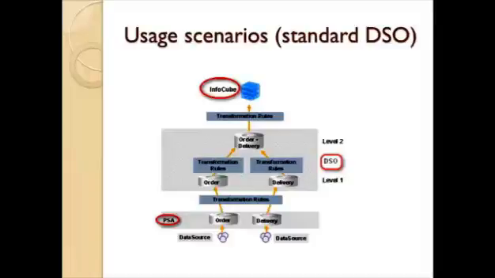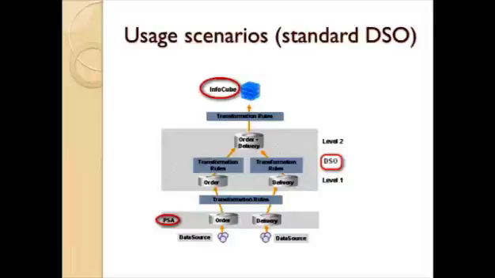For instance, we have two data sources, one for order data and one for delivery data. So we have two PSAs in the staging area. From there, data is further uploaded to two DSOs, one order DSO and one delivery DSO. That's the first level of use of a DSO, getting data from the PSAs to DSOs.